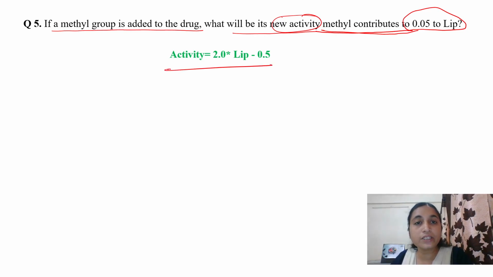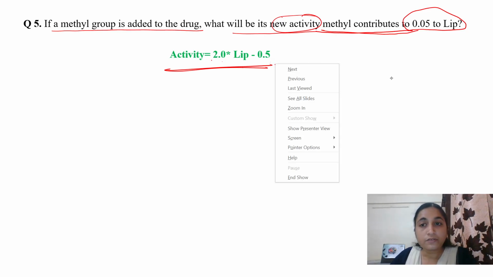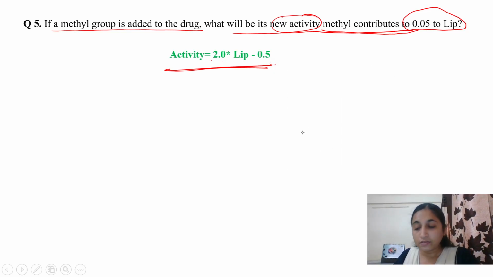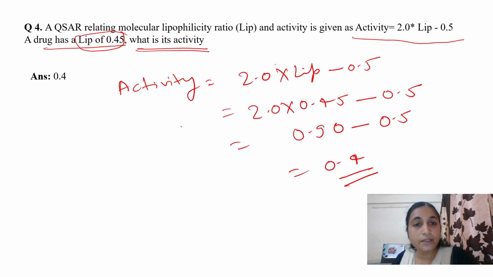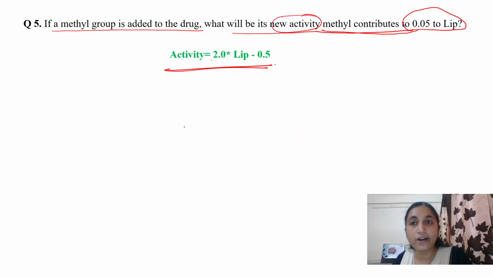We are all familiar with this formula, as we saw in previous questions: activity equals 2.0 into lip minus 0.5, right? So previously, how much is the lip given? 0.45.